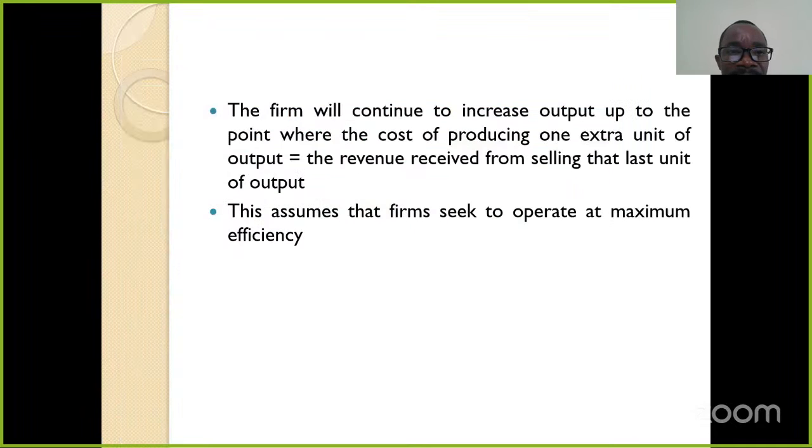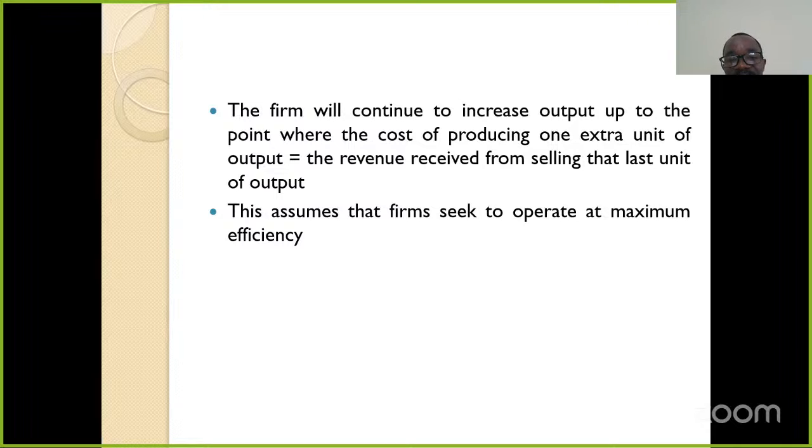So what we're saying is that the firm will continue to increase output up to the point where the cost of producing 1 extra unit of output equals the revenue received from selling that last unit of output, beyond which the firm can incur losses.